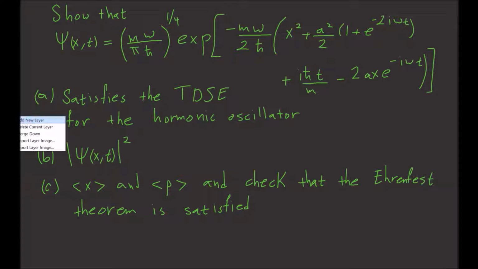So let's get started. First of all, we need to check that this wave function satisfies the time-dependent Schrödinger equation. Of course, let's take one time derivative of the wave function. This gives us minus m omega divided by 2 h bar. So partial derivative, we know that partial derivatives are easier than normal derivatives.